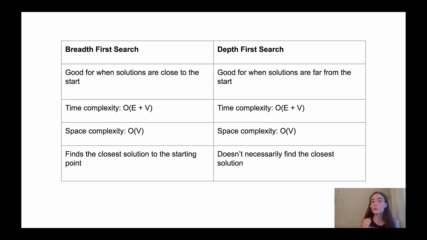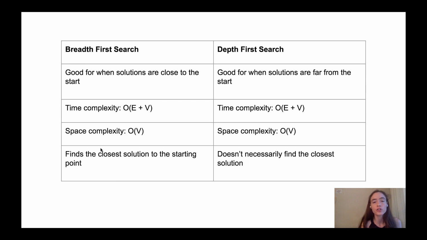So now let's recap some of the differences between breadth first search and depth first search. Breadth first search is good for when solutions are close to the starting location in the graph, whereas depth first search is good for when solutions are far from the starting location. Both of them have the same time complexity, which is on the order of the number of edges plus the number of vertices, and the same space complexity, which is on the order of the number of vertices.